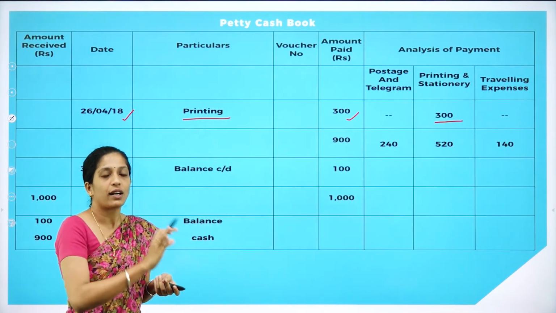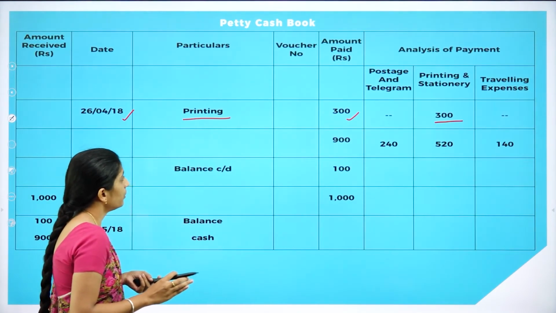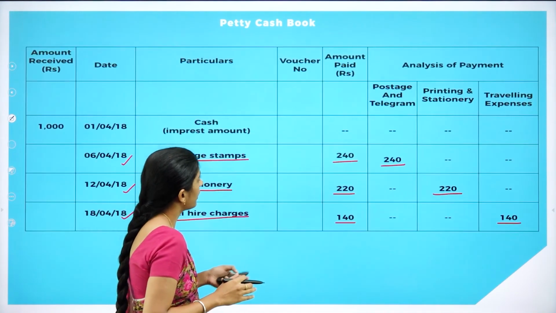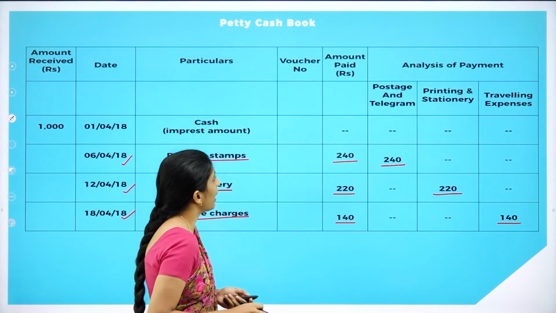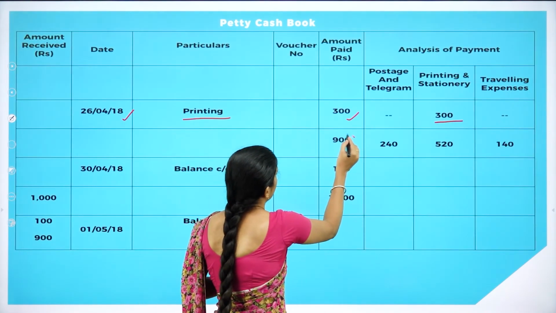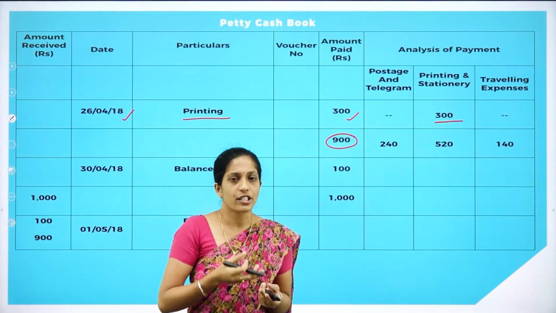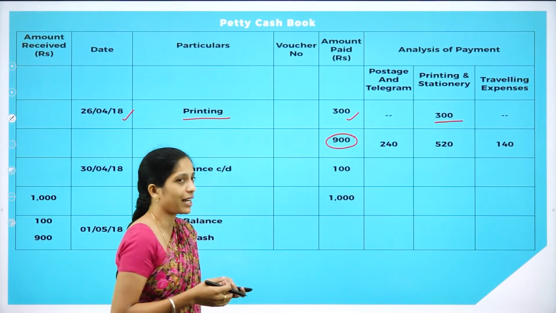Now we are done with recording the transactions that they have given in the question. Now what are we going to do? We have to total all the amounts in the amount paid column: 240 plus 220 plus 140 plus 300. So we'll get 900. It means from the main cashier he has received 1000 rupees and he has spent 900 rupees.